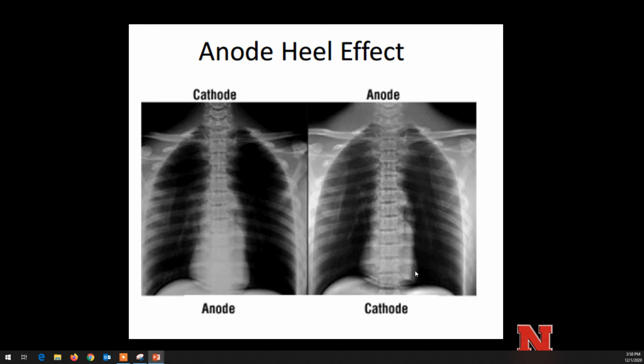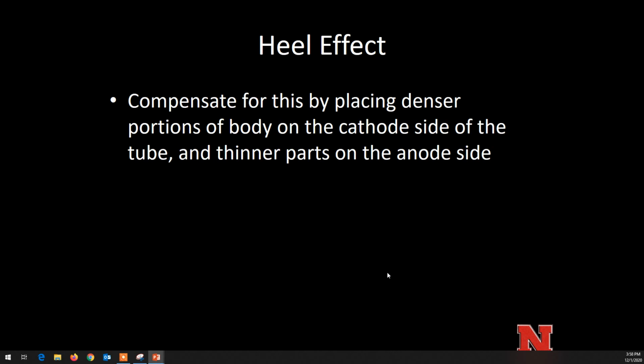If you put the cathode down here, there's functionally more penetration from the higher intensity part of the beam, and you've gone through the heart, and you can see the vertebral bodies more. So just know that is directly related to the anode heel effect. All right, the heel effect. You can compensate for this by placing the denser portions of the body on the cathode side of the tube and the thinner parts of the body on the anode side.